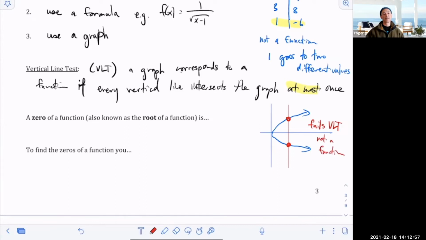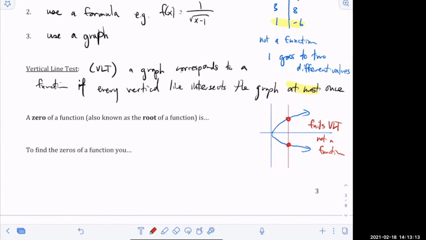That make sense to everybody? Just out of curiosity, do you guys know the equation of this graph? Does anyone know? x is equal to y squared. Correct.